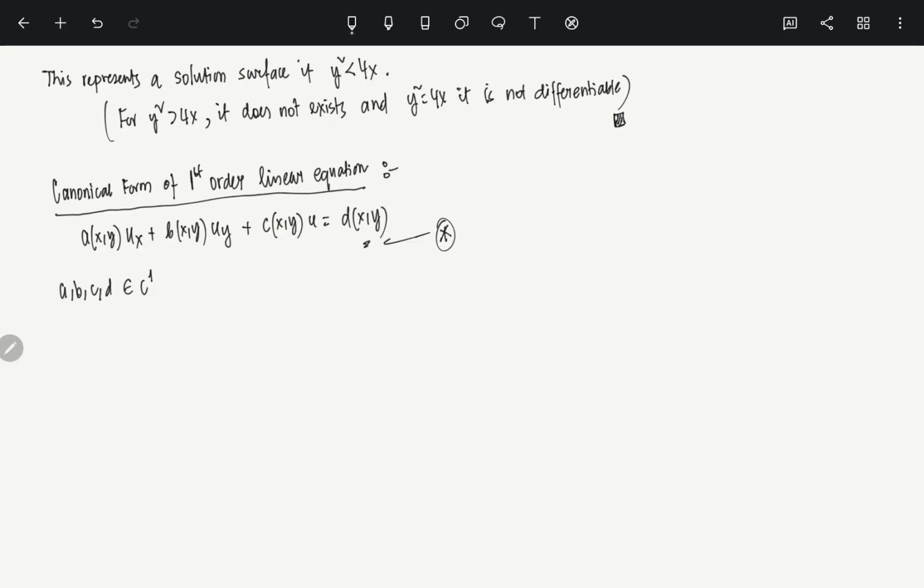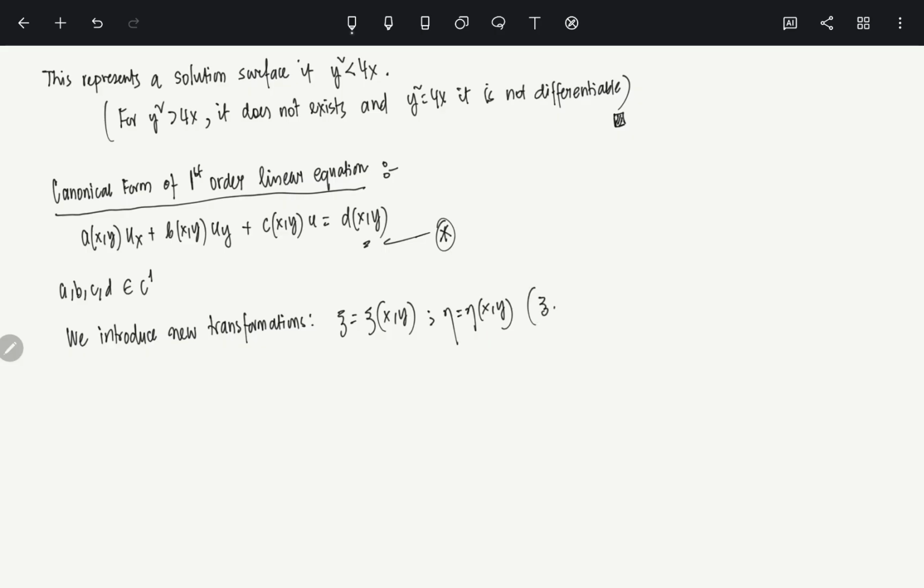So what we do is first introduce a new set of coordinates, new transformations, given by xi equals xi(x,y) and eta equals eta(x,y).